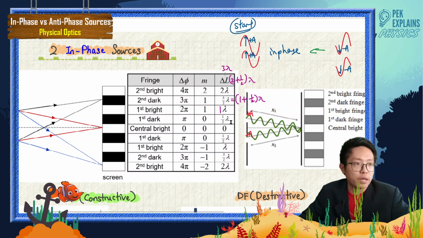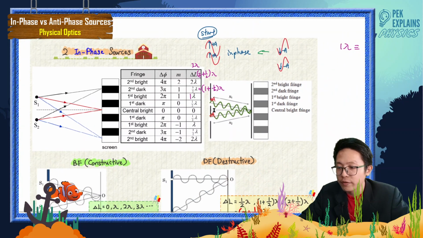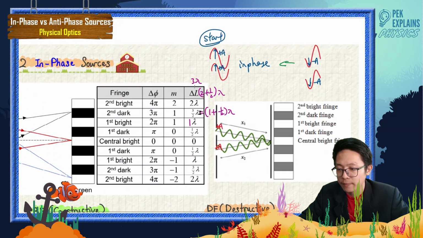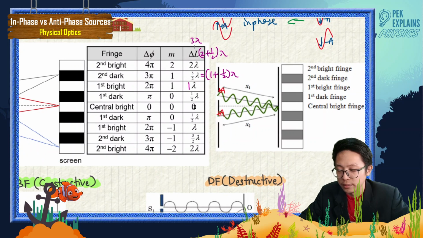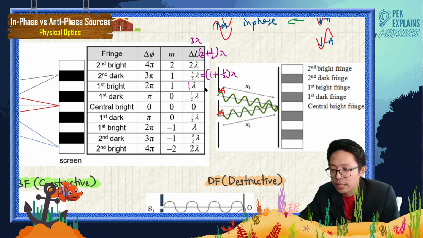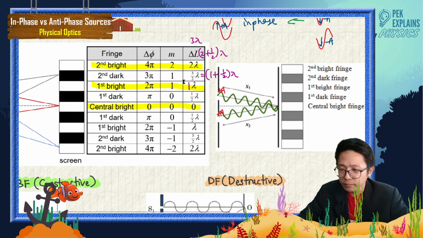So if you look over here, whatever is a multiple of lambda, like 0 lambda, 1 lambda, 2 lambda, maybe I should highlight it.